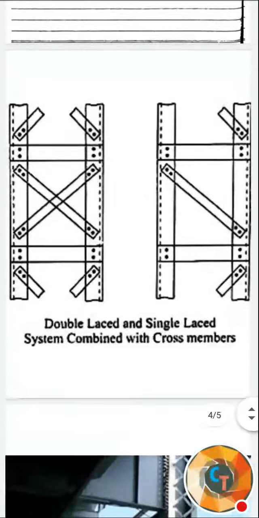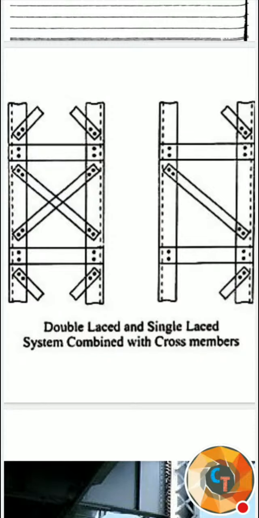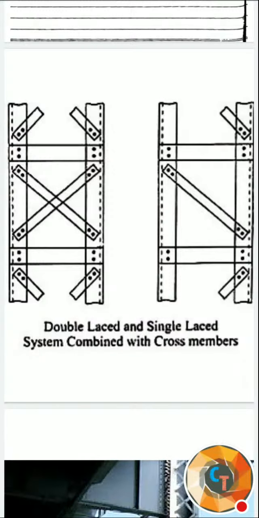Here you can see in the figure the lacing system. First one is a double lacing system, second one is a single lacing system. Double lacing means it is crisscross.